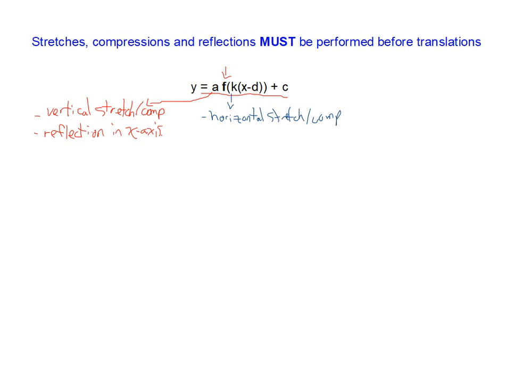It also did a reflection in the y-axis. Now we didn't really look at that, but that's what would happen. We get a reflection in the y-axis if it's negative. The C value out here, this was a shift up or down. Translation. And the D value was a shift left or right, or translation left or right.